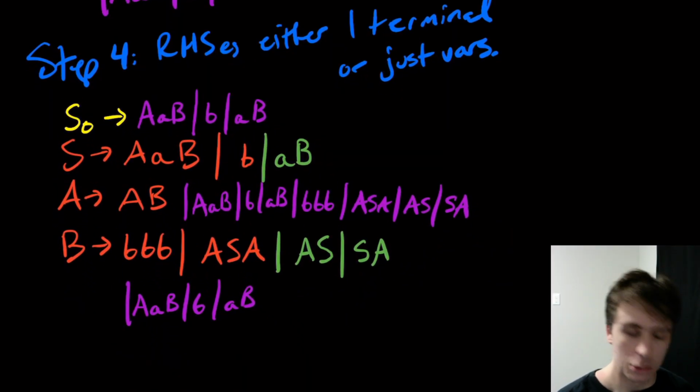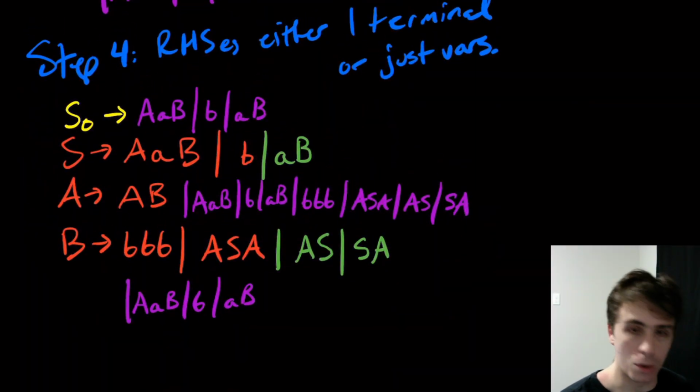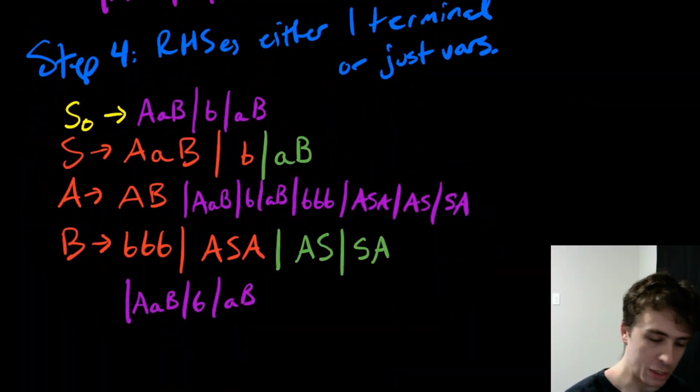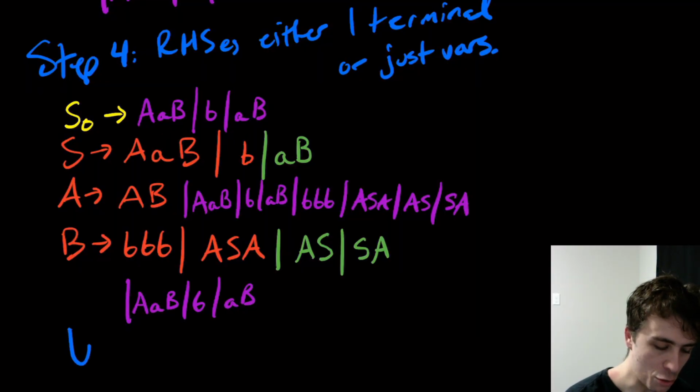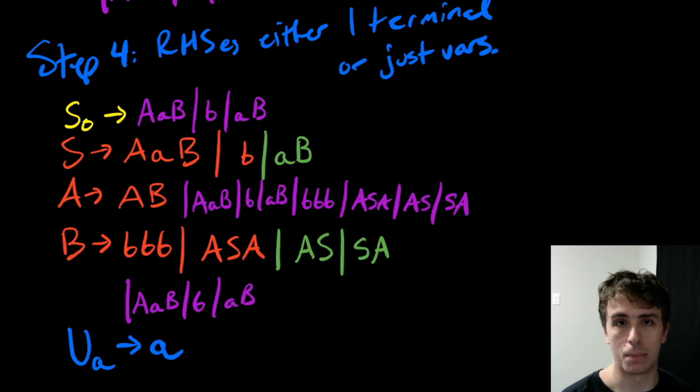This was actually a really simple thing that we needed to fix. For every terminal in the grammar, we need to make a new variable, which I call u sub a, which only makes that terminal.